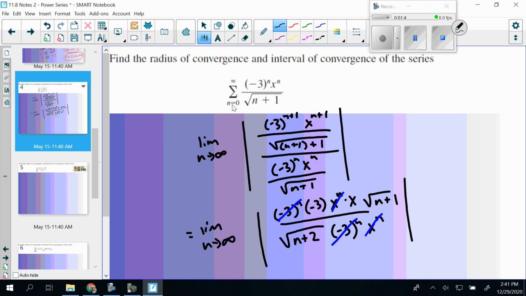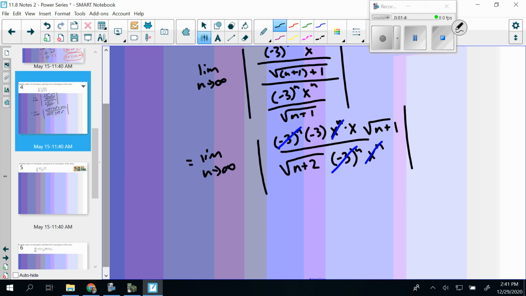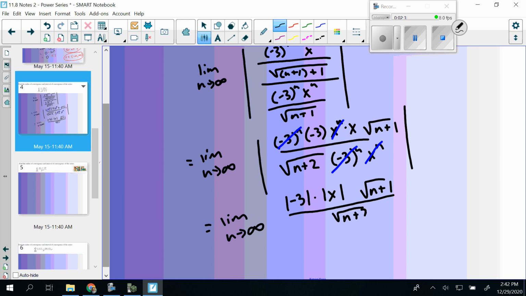So what we are left with for this one is the limit as n goes to infinity. I'm going to take the absolute value of this now. We're going to have the absolute value of negative 3 in there, the absolute value of x, this square root of n plus 1, and then on the bottom this square root of n plus 2.